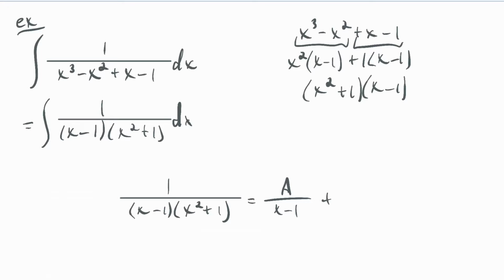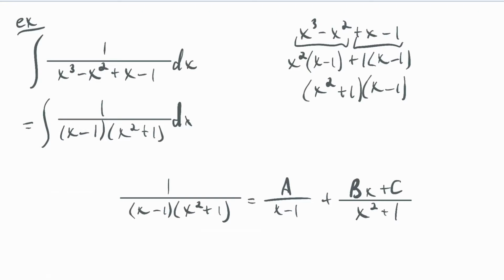Plus, since the denominator is going to be quadratic, right, x squared plus 1, the numerator is linear, dx plus c. Okay, it's 1 degree less than the denominator, or I should say 1 degree less than the factor in the denominator.